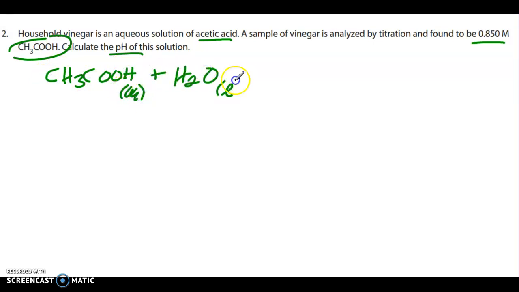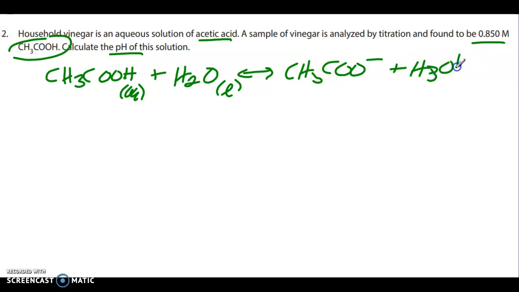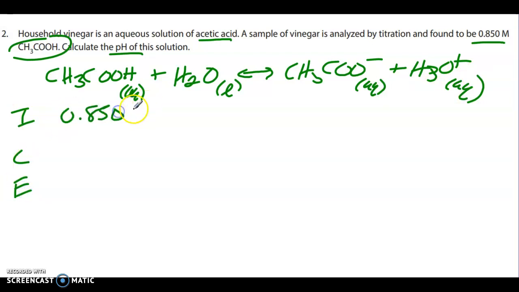All right, so we have our equilibrium here, which is now CH3COO minus plus hydronium, aq, right? And because this is a weak acid, we know that we are dealing with the ICE table here.